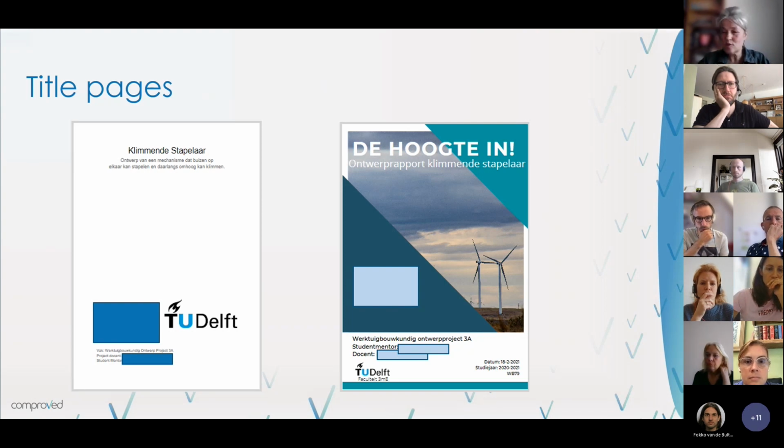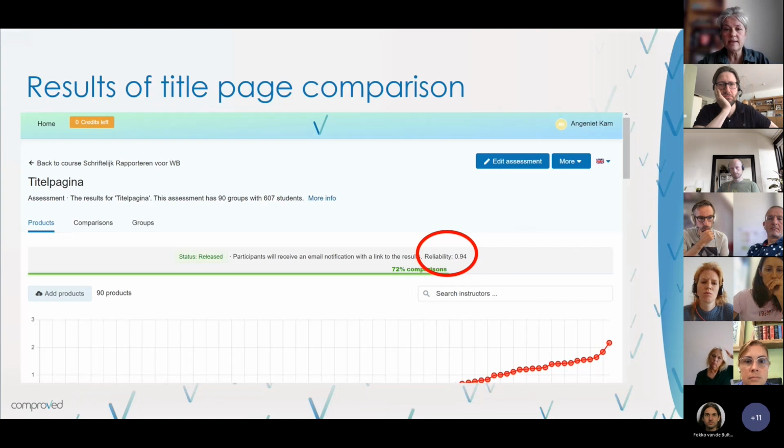So the not so good one is on the left. And maybe you already saw that with one glance, and what a student scored as the best one was the one on the right. So you immediately see the difference there. And I had to, of course, anonymize the names of the students and the lecturers that were involved here, but this gives you a bit of an idea.